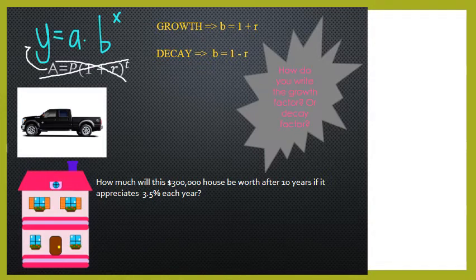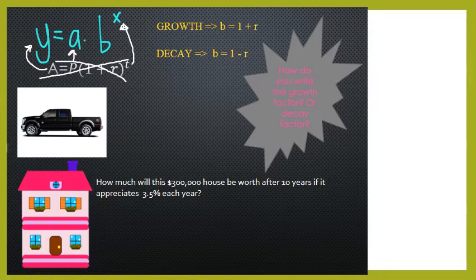A does indeed represent the principal or your starting amount of whatever situation you're talking about. X is your exponent, which is the same as your time. So those, again, are the similarity. And then B is indeed your growth factor.